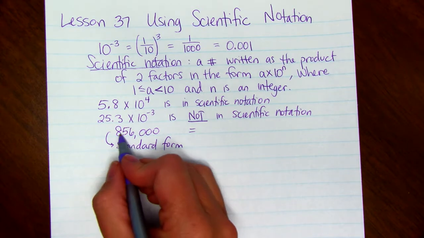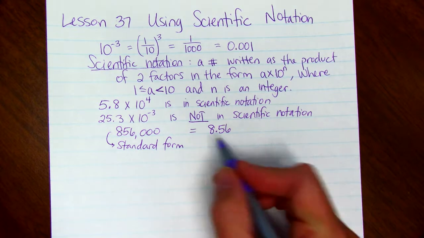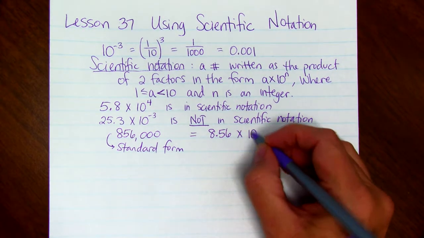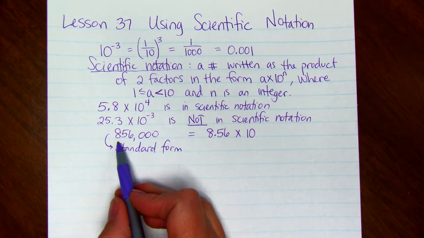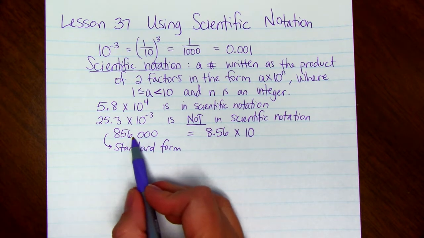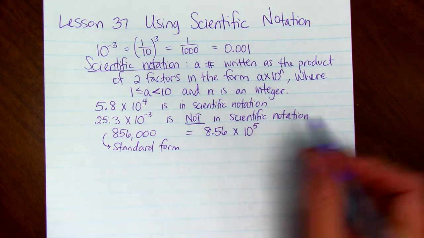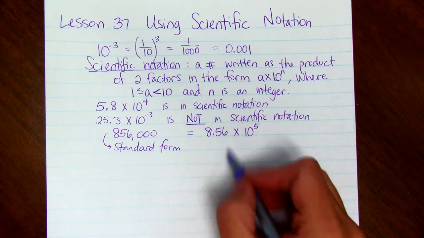So we bring our decimal to the right of the 8 so that we have a number between 1 and 10. And then we figure out, what do we have to multiply 10 by to get 856,000? Well, if you notice, we move the decimal 1, 2, 3, 4, 5 places. So if we did 10 to the 5th, we would get back our 856,000. So this one is the scientific notation.